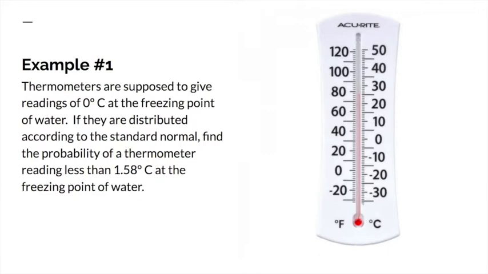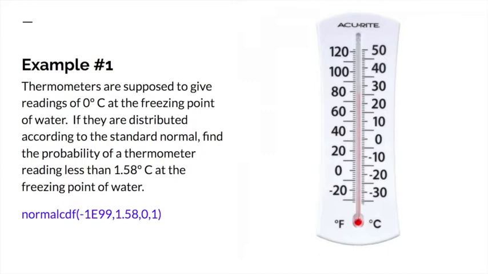So the way we would go about this is we go second bars, normal CDF, and in the lower slot, because this is a less than question, we're going to put -1 e to the 99th, and in the upper slot we're going to put 1.58. This is basically giving us the area under the bell curve from negative infinity to 1.58, which is equivalent to saying everything less than 1.58.